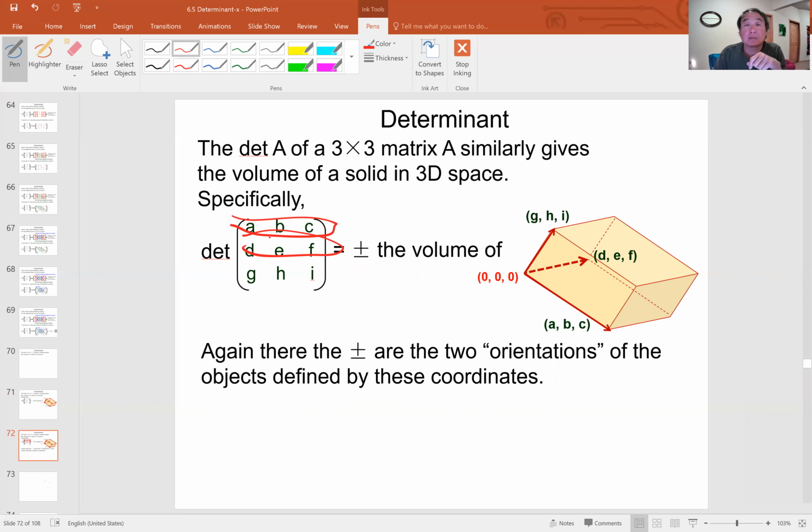And the plus means that the coordinate system we have, the solid, is oriented the same way as our XYZ 3-dimensional coordinate system.